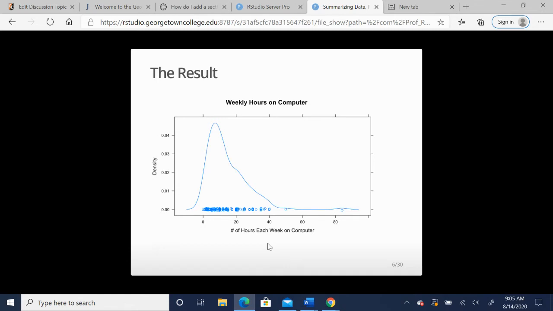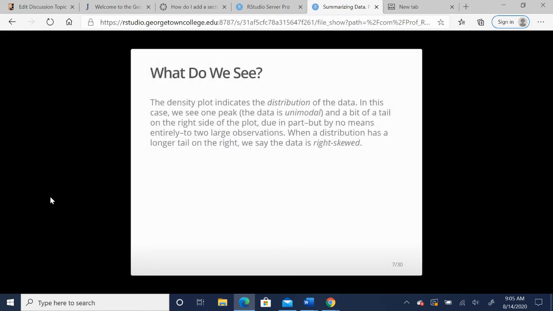If I were to find the average of all of these, it would probably be slightly artificially high from what most results were, because you've got these two extreme values. So we call this right skew. If that tail were on the left, we would call it left skewed, and there we would have some slightly lower values, or considerably lower values.